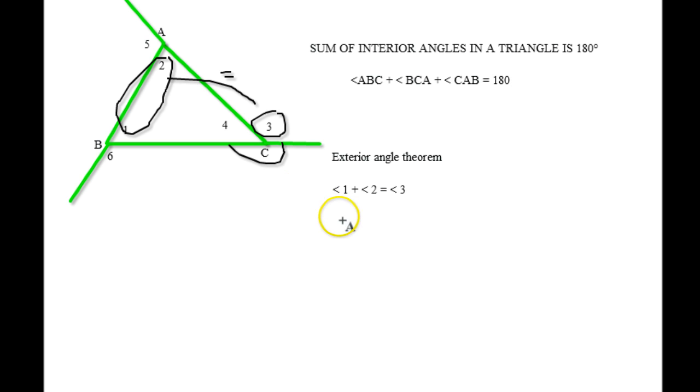We could also say angle 1 plus angle 4 is equal to angle 5, and angle 2 plus angle 4 is equal to angle 6. You could say all of those, and that would be an exact true statement about a triangle. That's the really cool stuff about it.